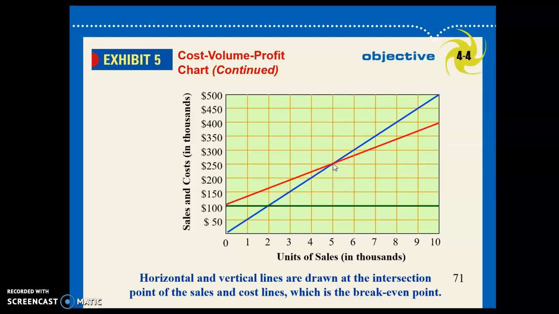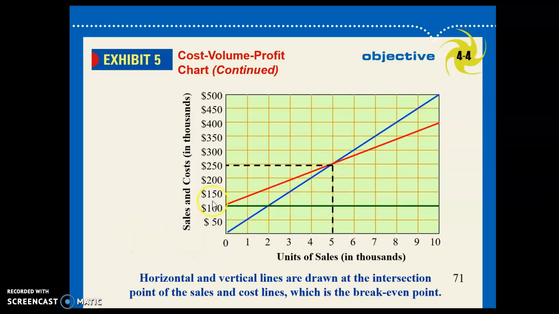Then I can go from that point down and see that roughly 5,000 units would need to be sold for me to break even. Or I would have to sell $250,000 worth, or 5,000 units worth, to break even.